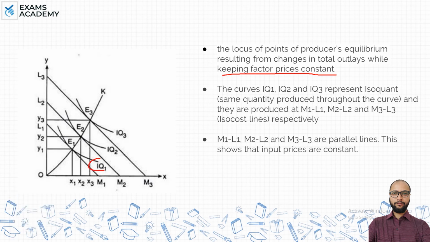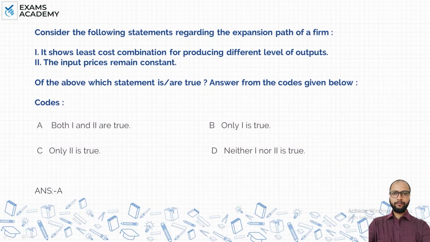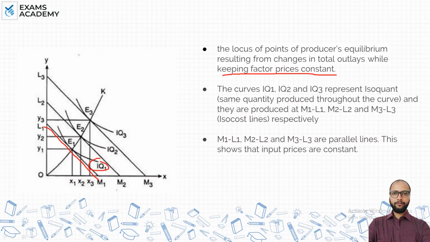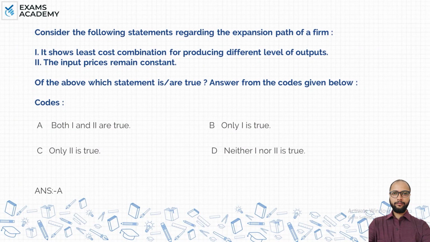Minimum cost of IQ1 production is this L1 M1 line. Alright, so that is the least cost production. Now look at statement 1. It shows the least cost combination of producing different levels of output. So as per that logic, both the statements are true, and hence option A is the correct one.